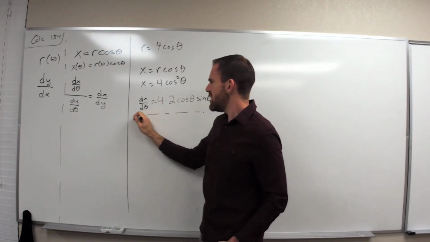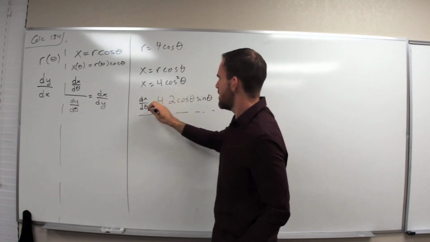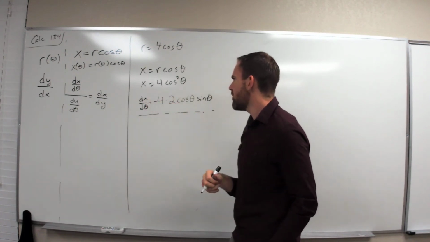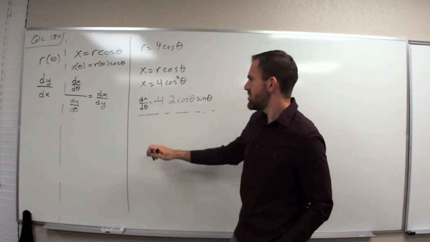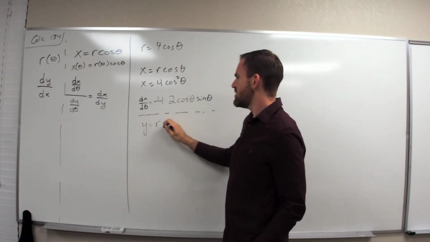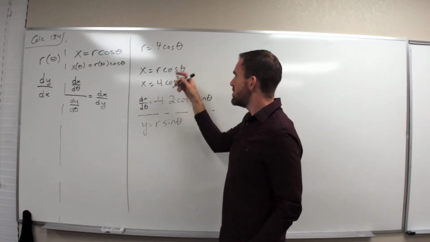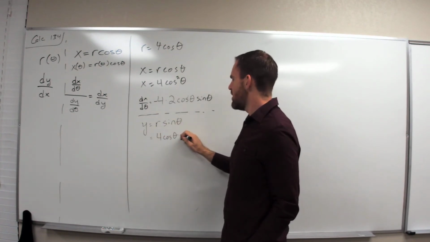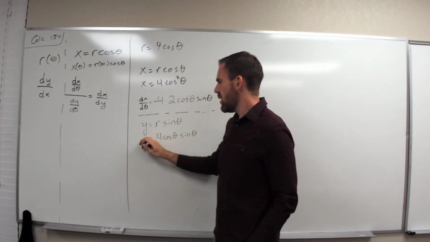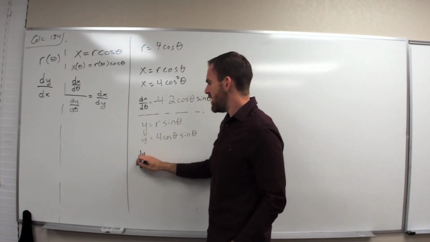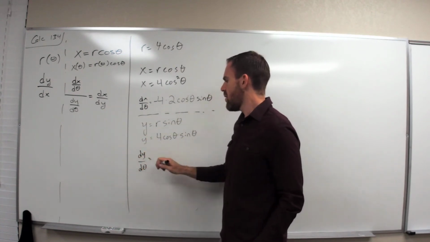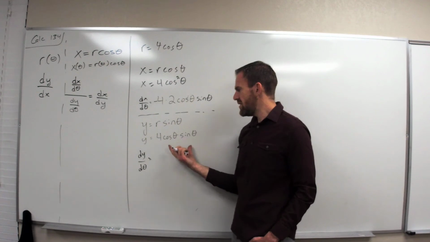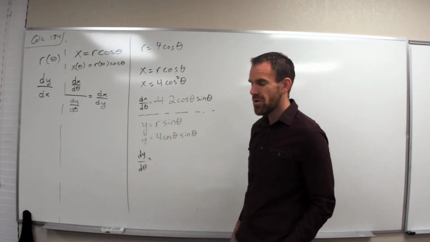Now, we're going to do the same for y. So y equals r sine theta, so here I have 4 cosine theta sine theta. Now, I want dy by d theta, so I'm going to take the derivative. This is a product, so I must apply the product rule.